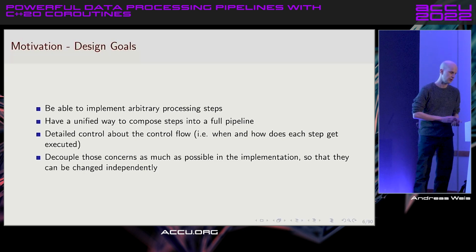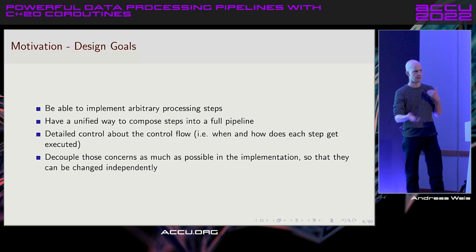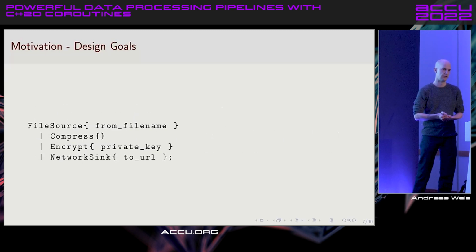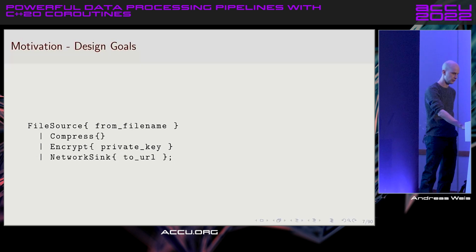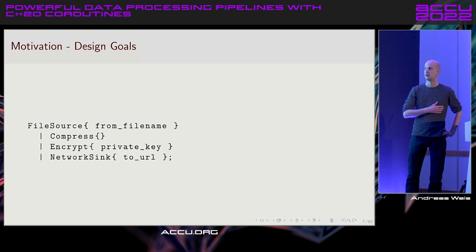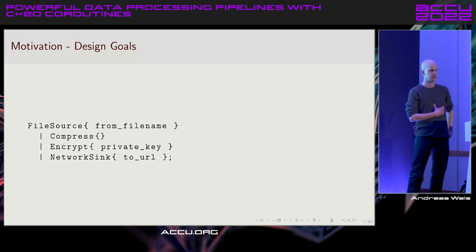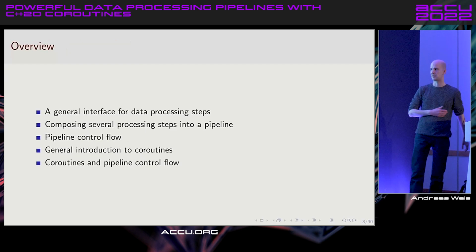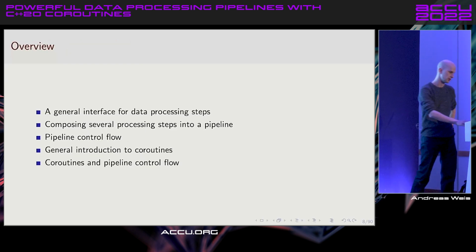I also wanted to decouple these concerns as much as possible so that I could change them independently without having to touch the entire code base. So what I had in mind in the beginning was something like this, inspired by the ranges library in C++20, and then just be able to insert arbitrary steps there and switch stuff around.